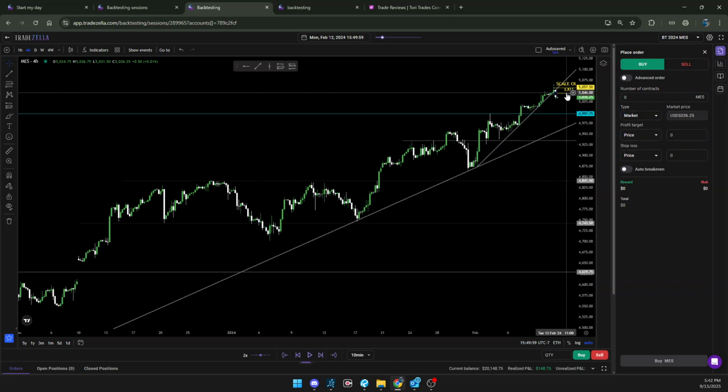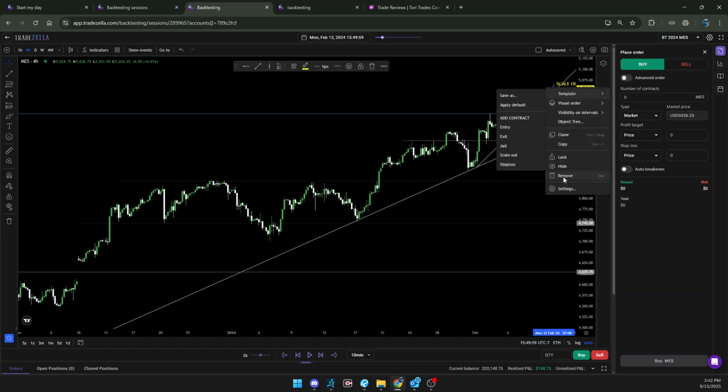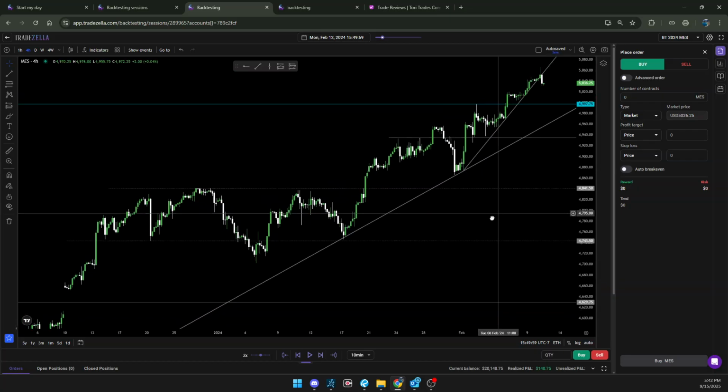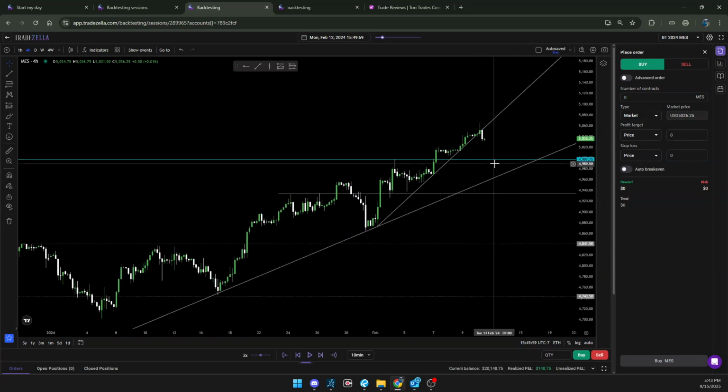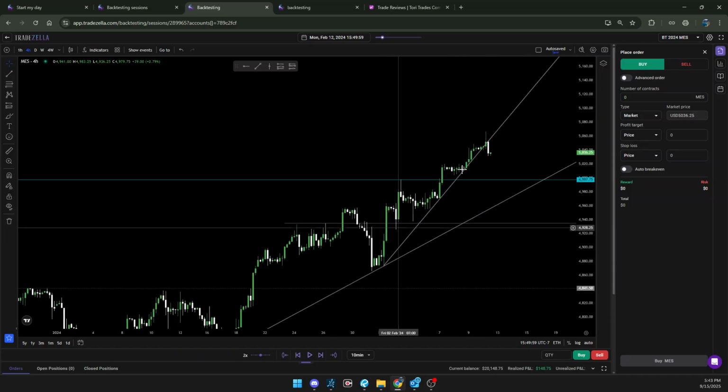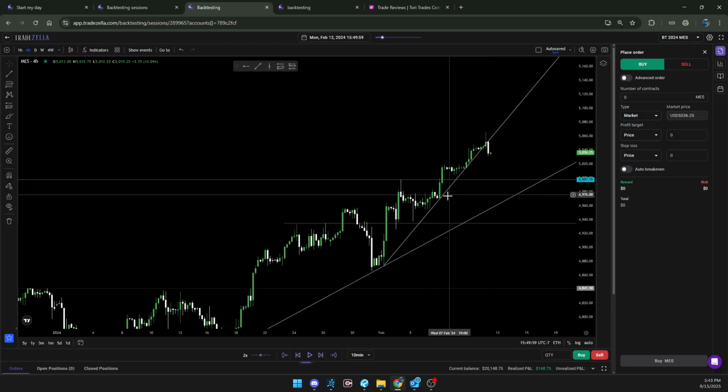We'll take this and see if we can get another trade. We are at all-time high. So that was our winning trade right there.